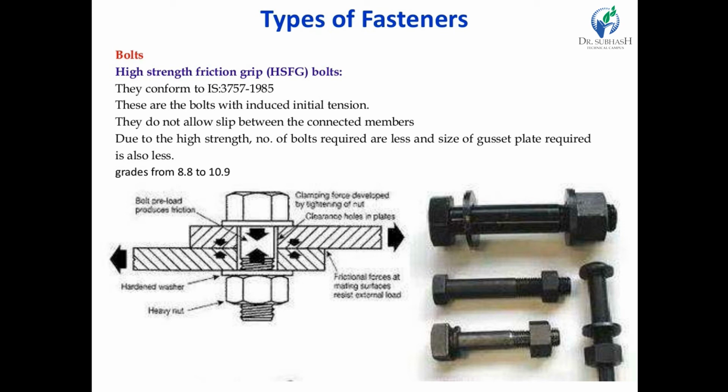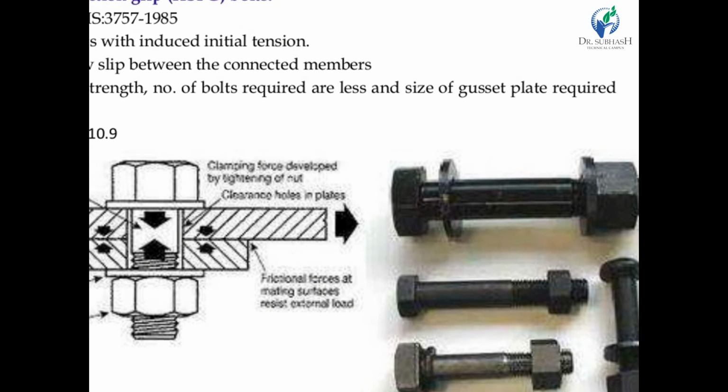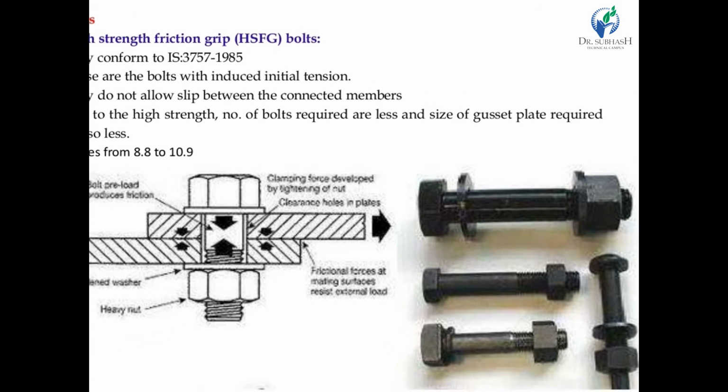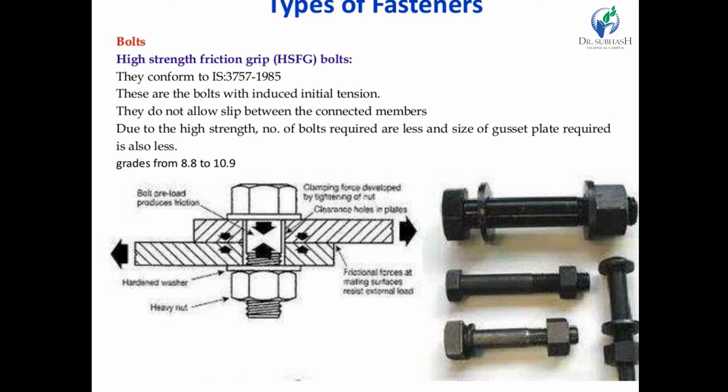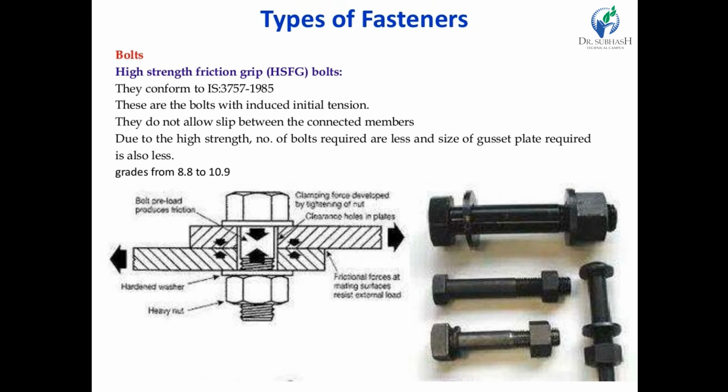Here you can see the difference between the high strength bolt and the high strength friction grip bolt in the figure. An additional frictional grip should be provided at the end of the bolt, and the head should resist the ultimate strength of the bolt.